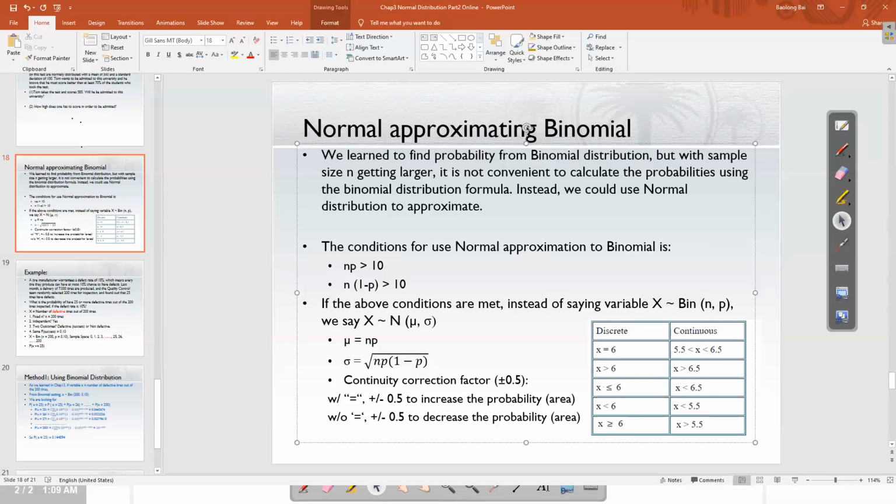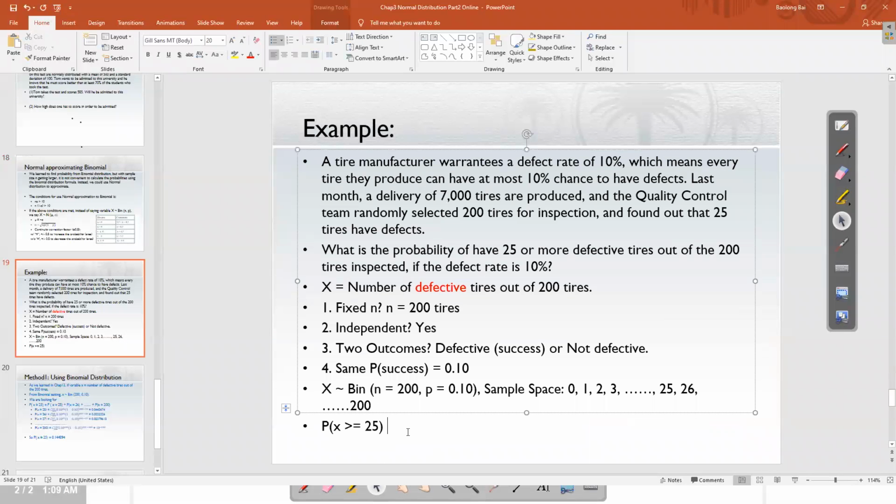So let's work on what we have here. We're looking for the probability of x greater than or equal to 25. Should we add 0.5 or subtract 0.5? Let's look at it. Once you use the normal distribution to approximate it, it becomes a normal distribution, right?